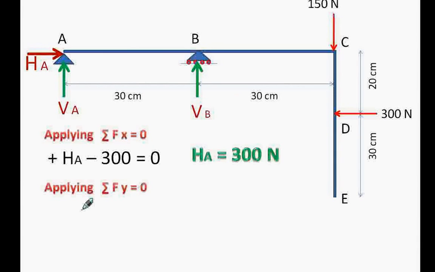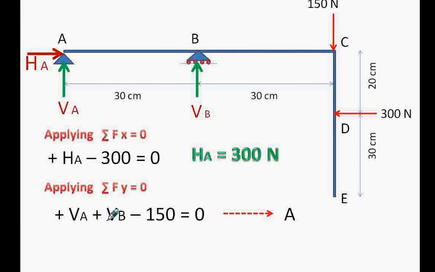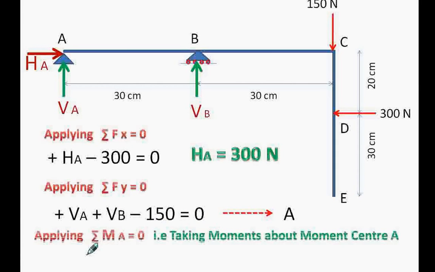So VA is upwards, positive. VB is upwards, positive. Minus 150 is downwards, and hence it is negative. The summation of these three forces must be equal to 0. So from this, VA plus VB must be equal to 150 Newtons. Let us now apply the third equation, that is sigma Mc equal to 0.